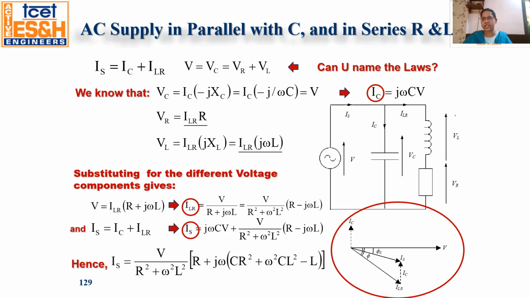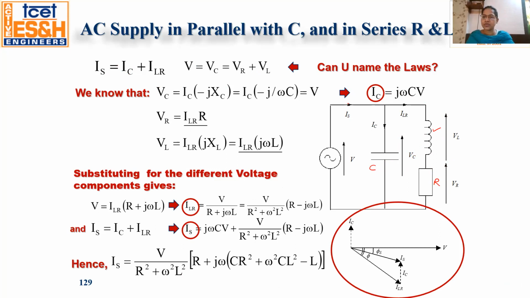In this parallel RLC circuit, this is the inductance, this is resistance, this is capacitance, and here you see that the voltage across inductance is VL, the voltage across resistance is VR, whereas the voltage across the capacitance is VC.